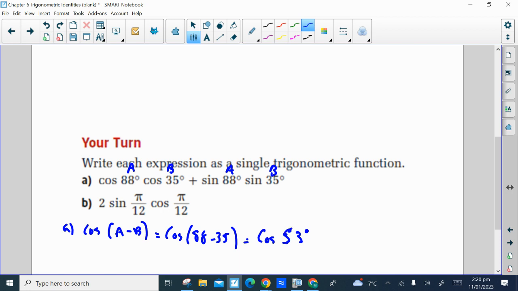So we've simplified it. We've written it as a single trig function by recognizing the pattern.